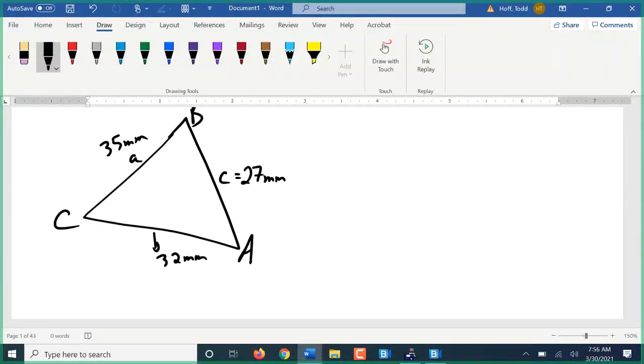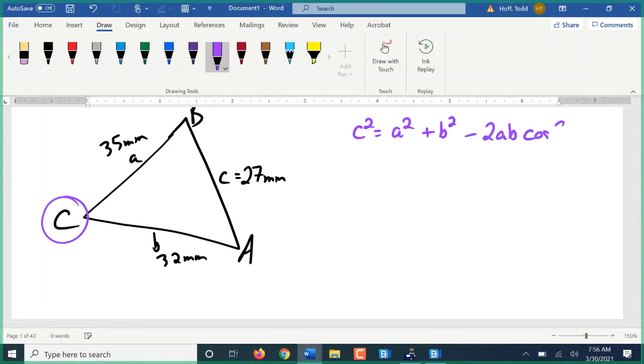I can find one of my missing angles, and it really doesn't matter which one I find first. But law of cosines is set up to make it easier to find angle C. So remember, law of cosines is C squared equals A squared plus B squared minus 2AB cosine C. Here we know side C, and we know sides A and B. What we don't know is angle C. So if we solve this for the cosine of angle C, I can subtract A squared and B squared from both sides.